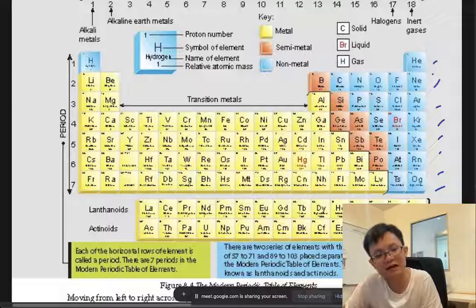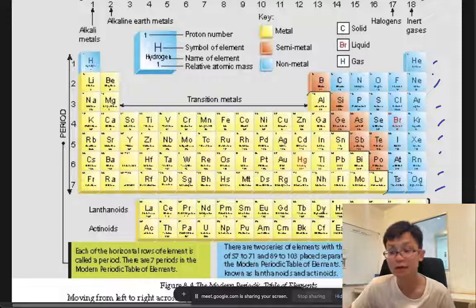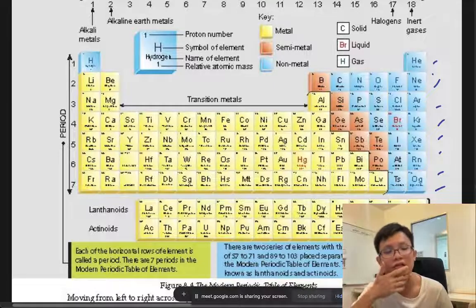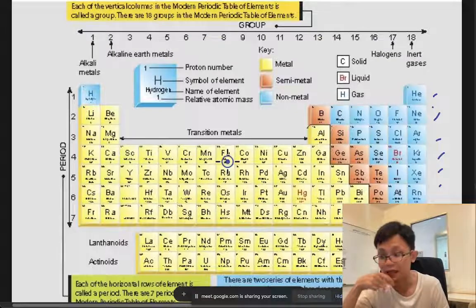Will someone create a new element? I haven't Googled it, but maybe later after this class I will. It makes me wonder whether you can make a new element, something that does not exist in the universe, or maybe exists but we haven't reached there yet. So very special. Everything that you know is just in this table.